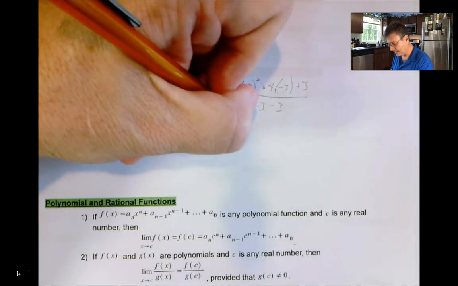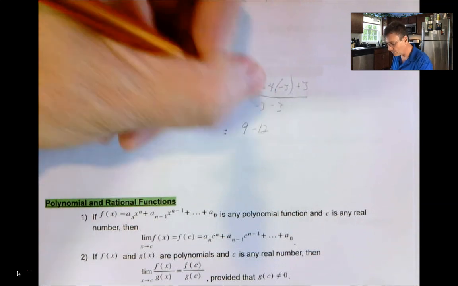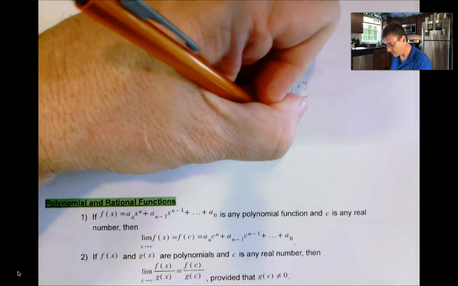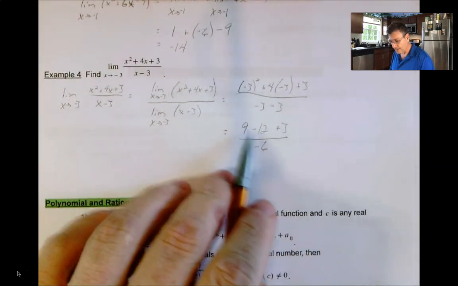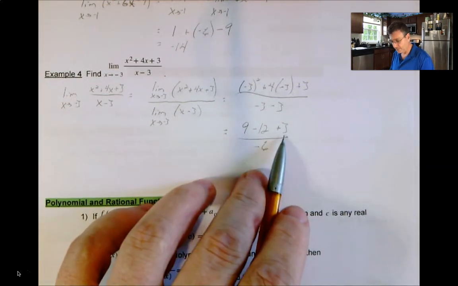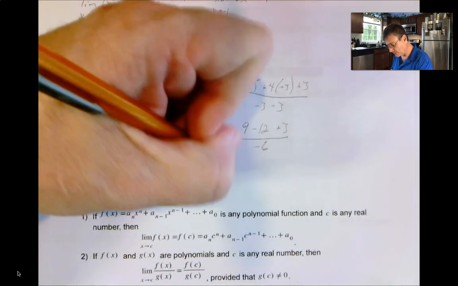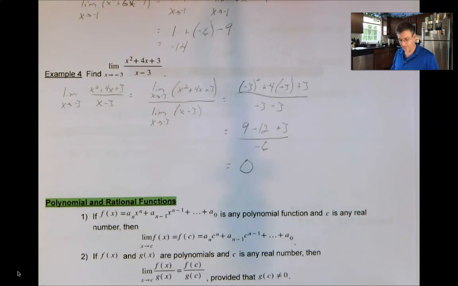Negative 3 squared is 9, minus 12, plus 3, over negative 6. 9 minus 12 is negative 3, plus 3 is 0, over negative 6, which is 0.